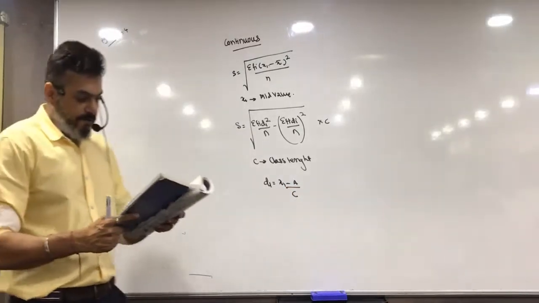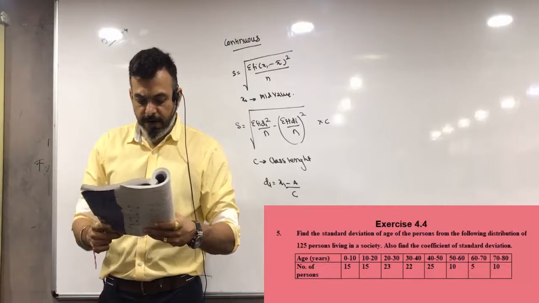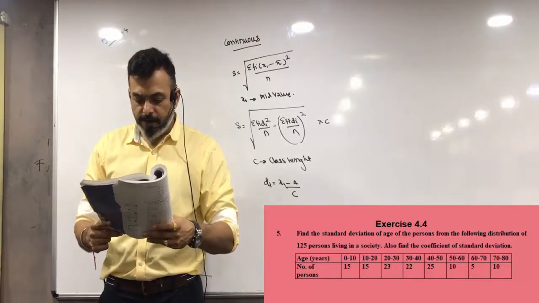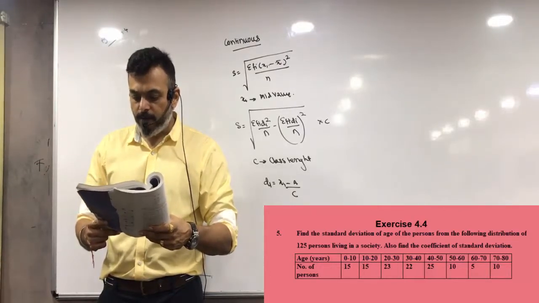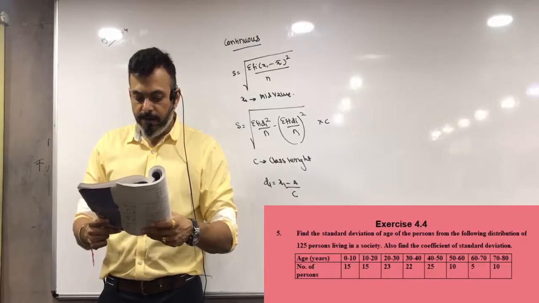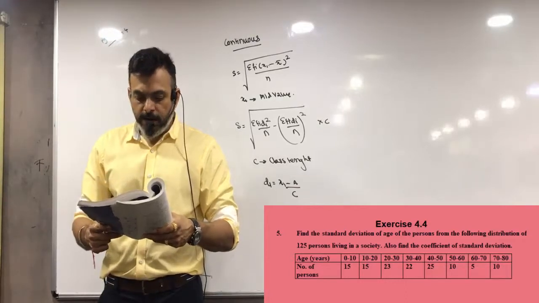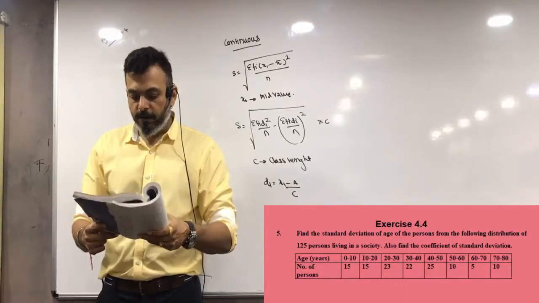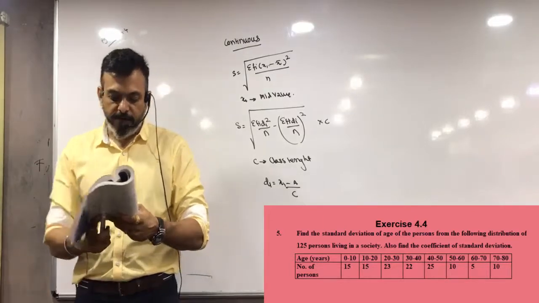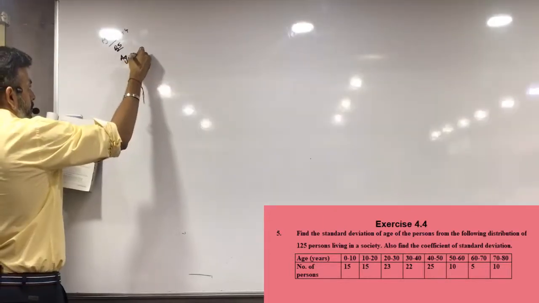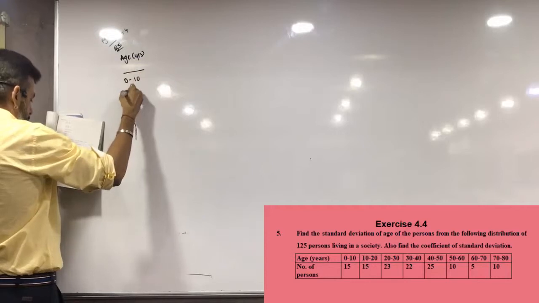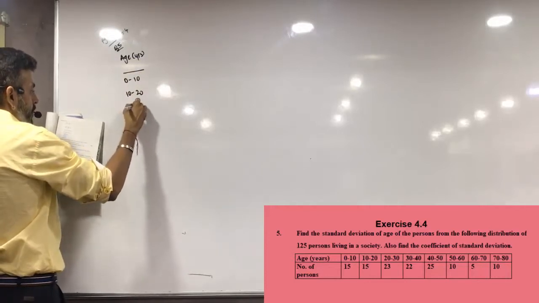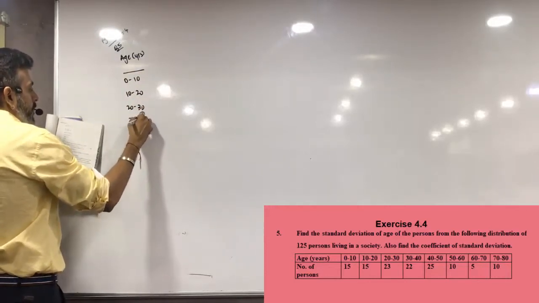Come to question number 5. Find the standard deviation of age of persons from the following distribution of 125 persons living in a society. Also find the coefficient of standard deviation. Let's write the question, in years: 0 to 10, 10 to 20, 20 to 30, 30 to 40, and so on.